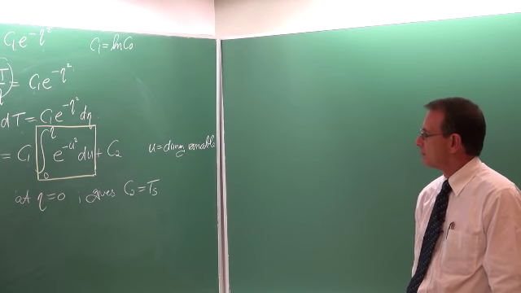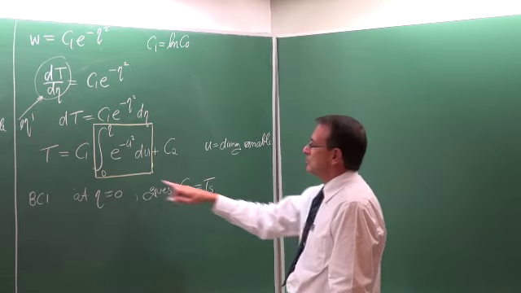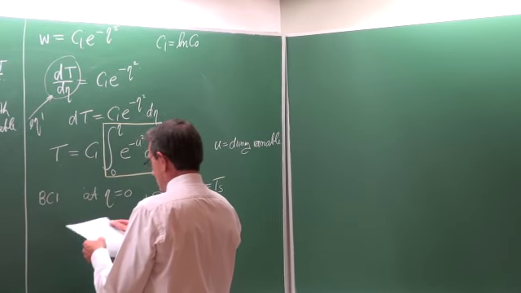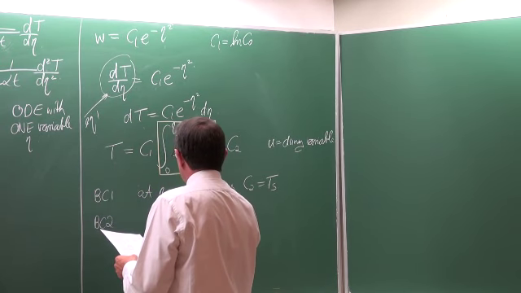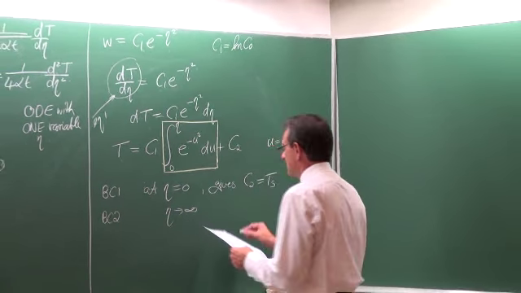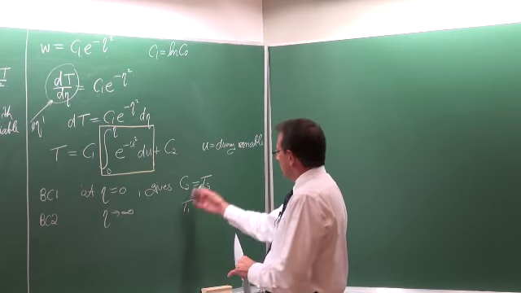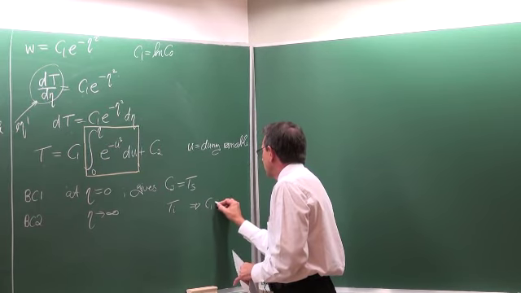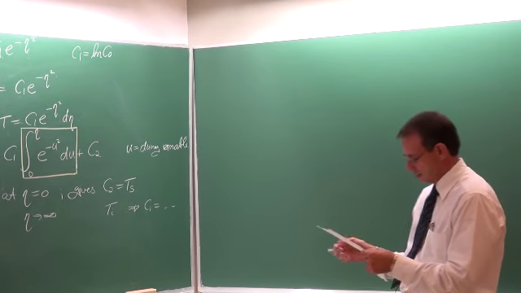At t equals 0, and x would be equal to 0, then this temperature is going to be equal to C2. Okay. The next boundary condition is where η is equal to infinity, the temperature is equal to Ti. Okay. And the other boundary condition, C1, can also be solved. The value is given in your textbook, you can go and do it at home.